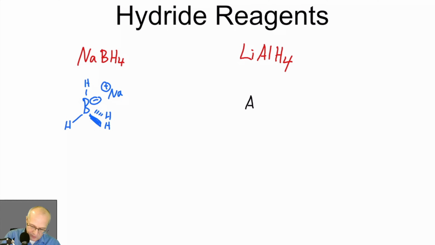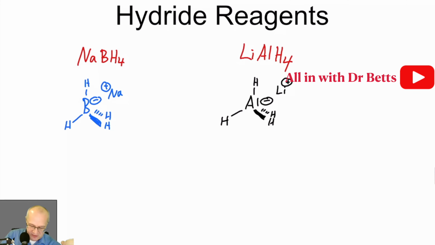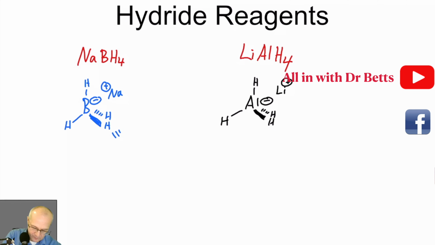And here's lithium aluminum hydride. Very similar in structure. There you go. Now, both of these can be considered a source of H minus.